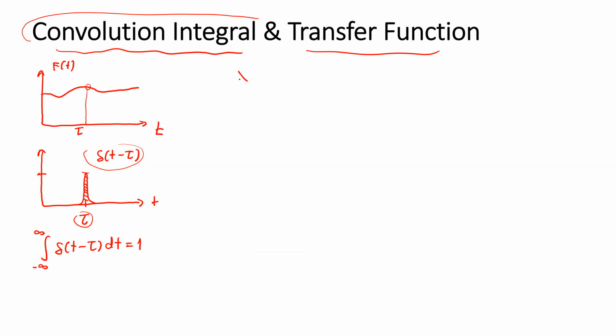A total response is equal to the integral of force magnitude at time tau multiplied by impulse response at that time shift, d tau.